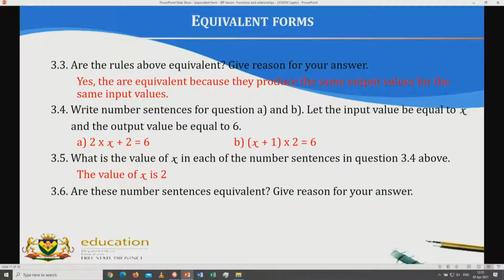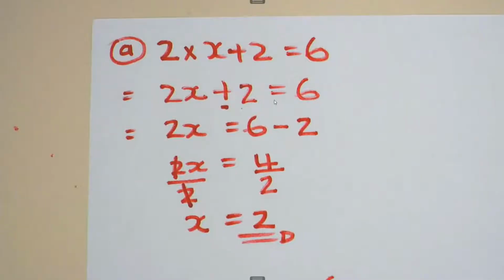Now, 3.6. Are these number sentences equivalent? Let's check number B, whether we will have the same value of x before we can go to 3.6. Then we have x plus 1 multiplied by 2 equals 6. Then we have to work that out.